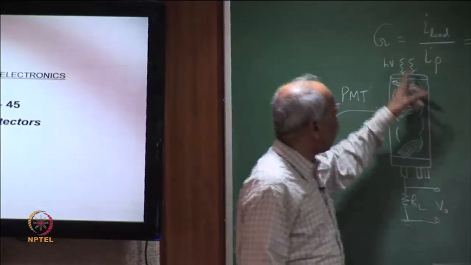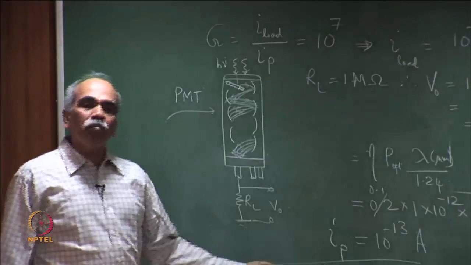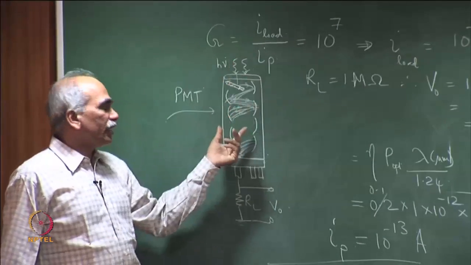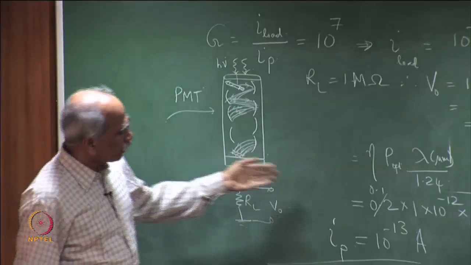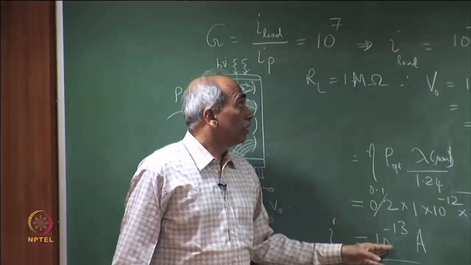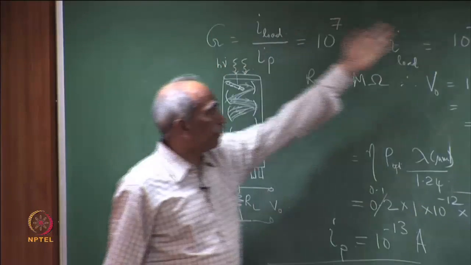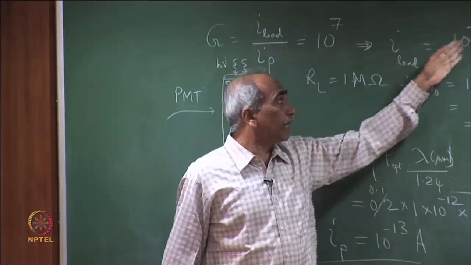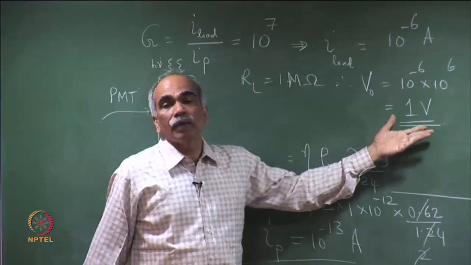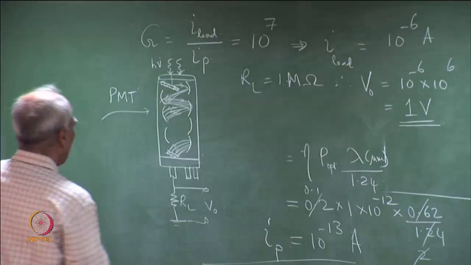Considering typical numbers, we have calculated that 1 picowatt incident here generates a primary photocurrent of 0.1 picoampere, and because of the current gain, we have a current at the load of about 1 microampere, and across the load resistance we have about 1 volt. Indeed, one can easily detect power.